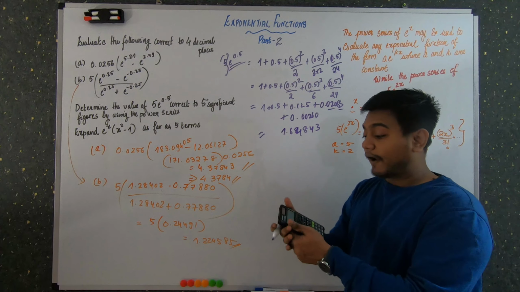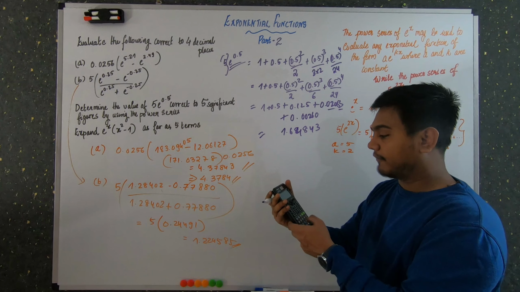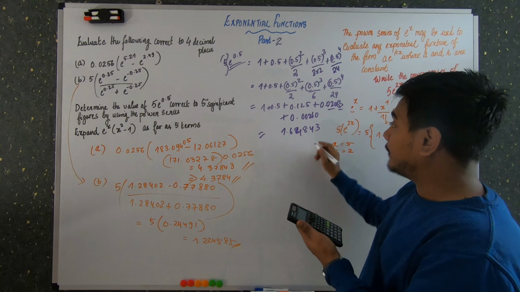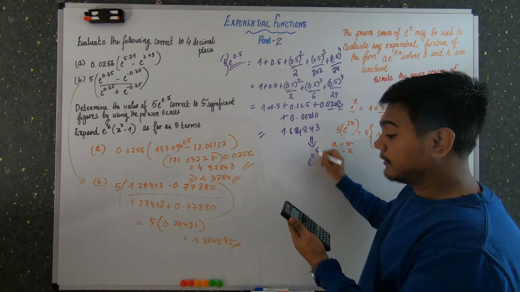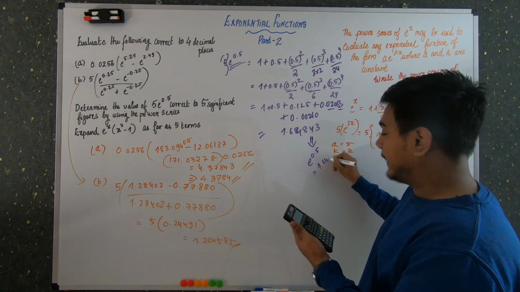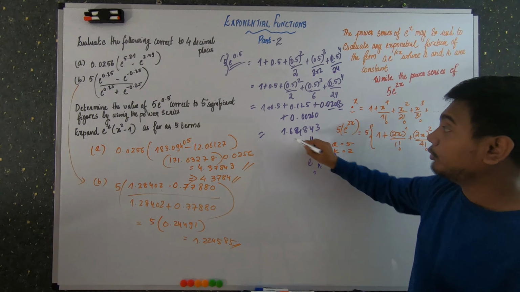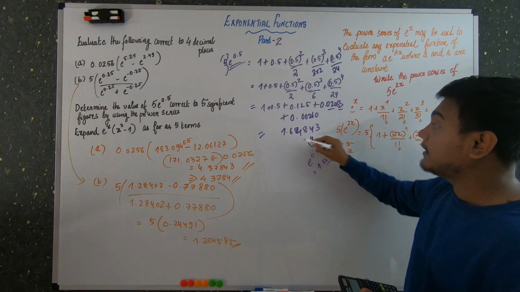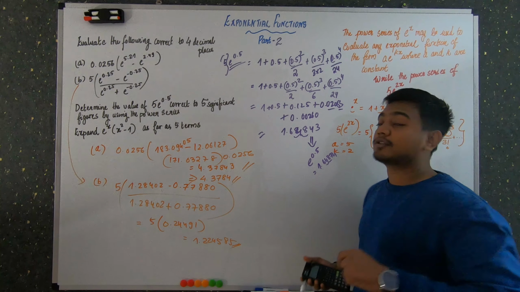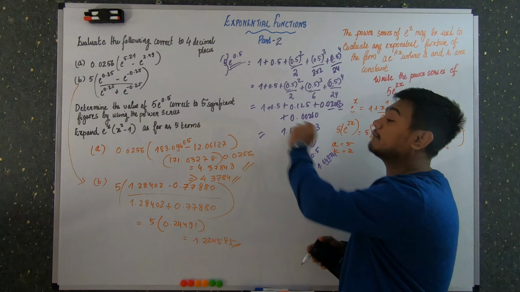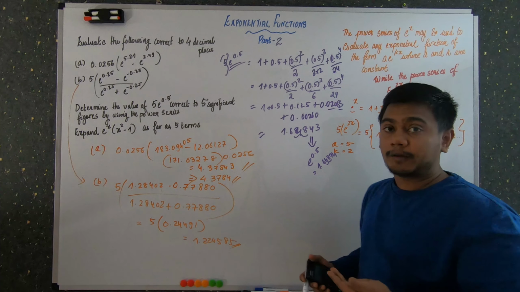1.64843. Now let's find directly using the scientific notation calculator the value of e raised to 0.5. When we directly calculate using the scientific calculator, the value is 1.64872148. Up to 3 decimal places you can see that the values are correct, but beyond that the value is not correct because it is only an approximation from the power series, since I have taken only up to 5 terms.